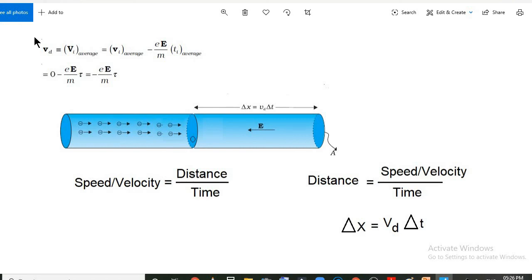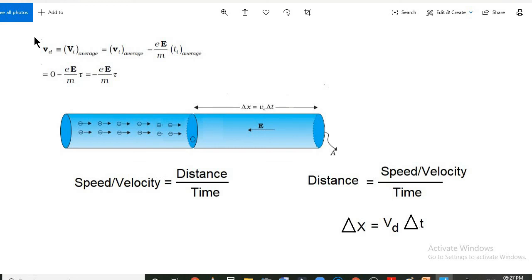Now I think today you got an idea. Whenever electricity is passing through a wire, just after the switch is on, current will pass through it and suddenly the electrons will achieve a constant velocity, and that constant velocity is very small. Actually, the electrons can travel only a few millimeters.